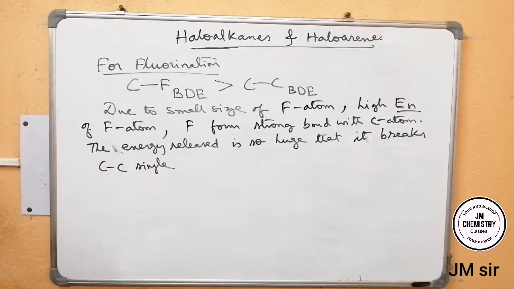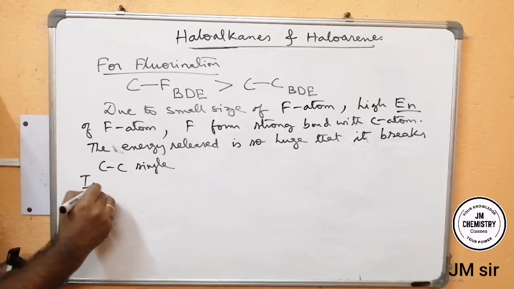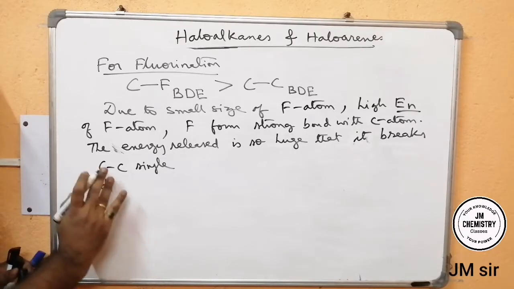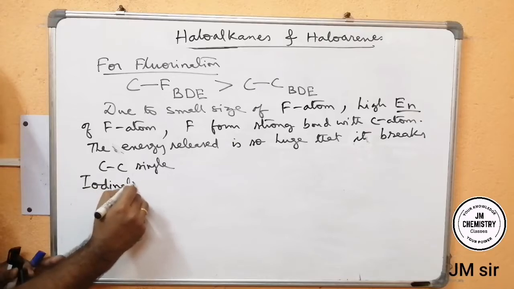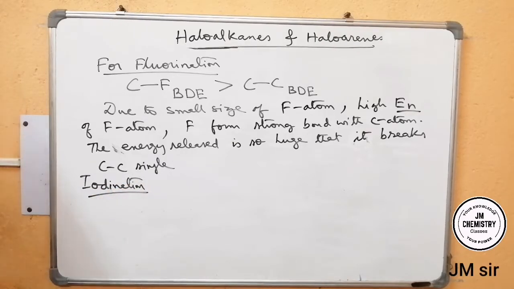So we don't do fluorination in the laboratory. Because if you do fluorination of, say, propane, it might happen that you will get fluoromethane or fluoroethane because the carbon-carbon single bond will break. Now move on to iodination. What is iodination here?